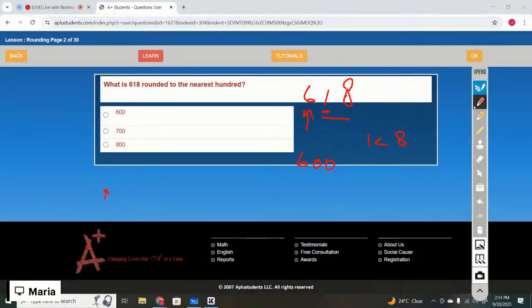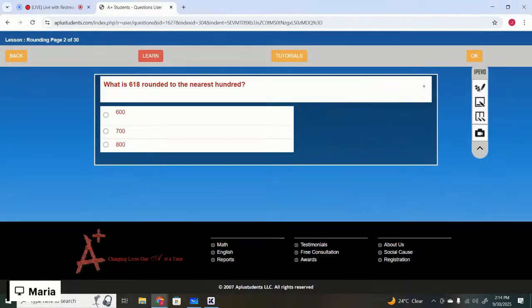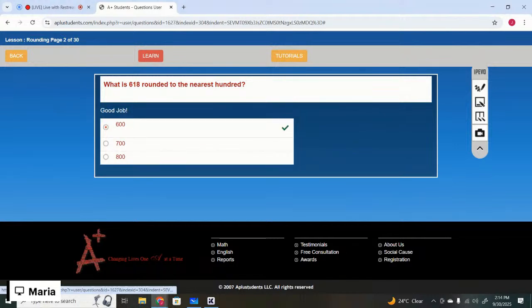So 618 is rounded to 600. Option number 1 is the correct option. 600 it is.